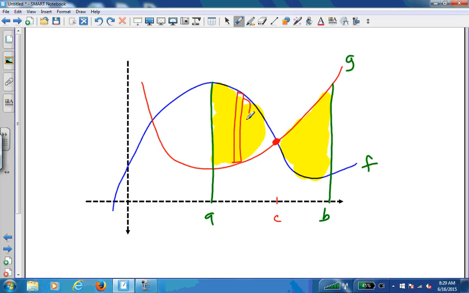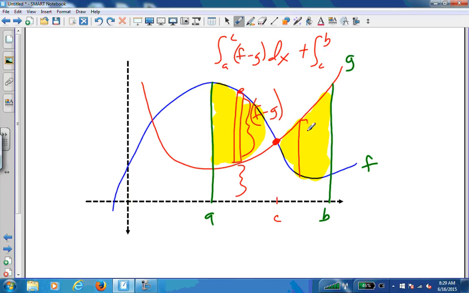For this sample element, our length is f, the top one, minus g. So for that section, we would integrate from a to c. Our length times our width. And then for this section, we'll integrate from c to b.